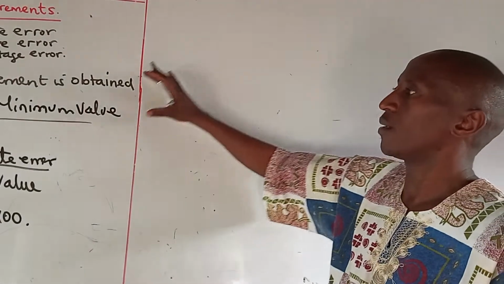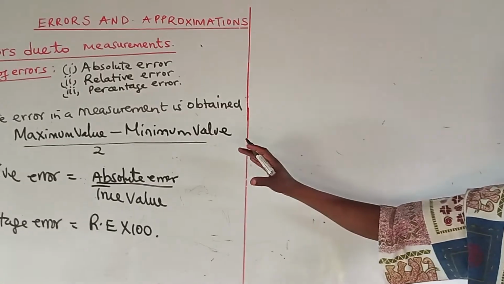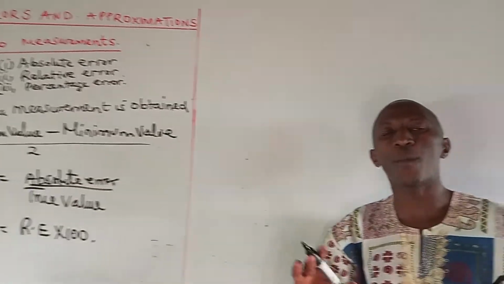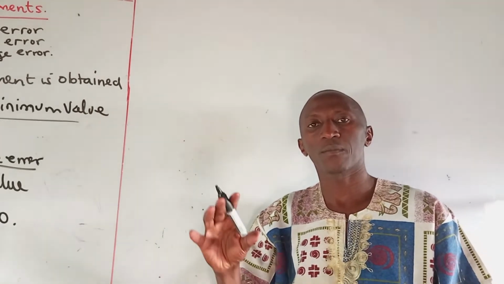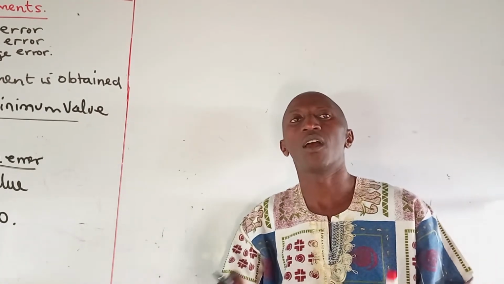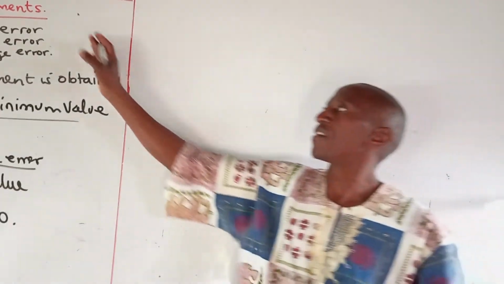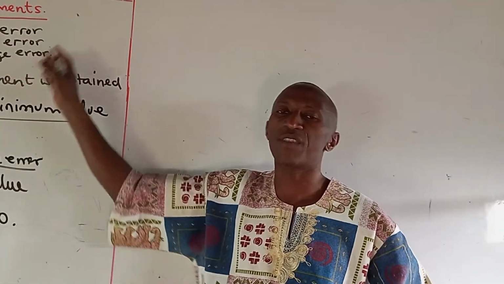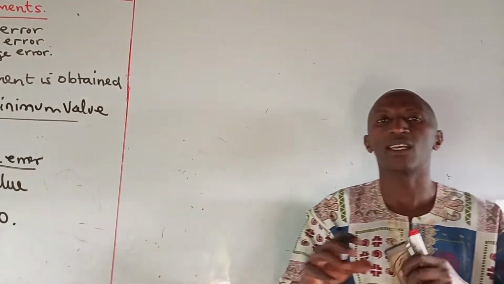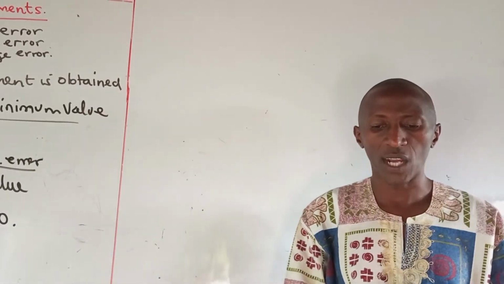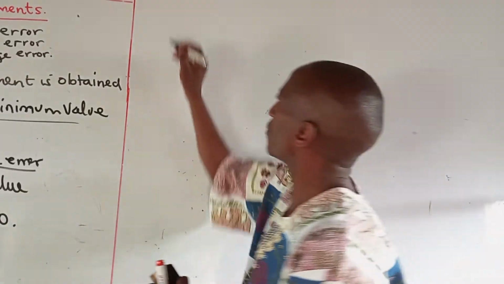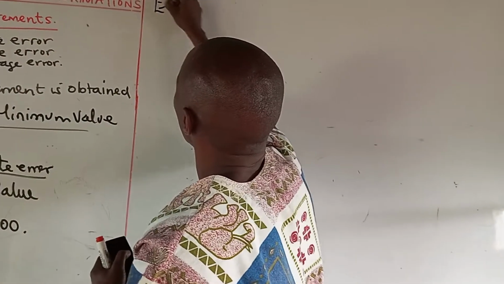And in this one, we need to notice that the 4 operations, that is addition, subtraction, multiplication, and division, all of them have their 3 forms of errors from different angles. Let's look at example number 1 under this form. Example 1.